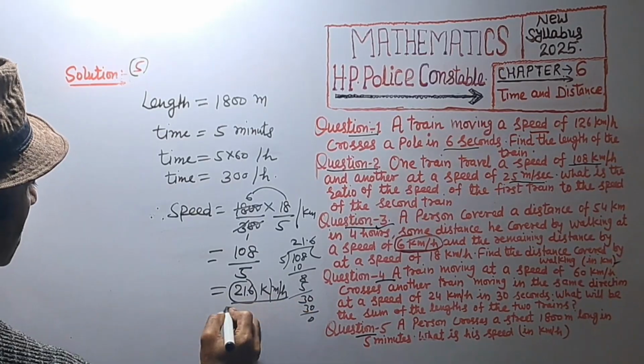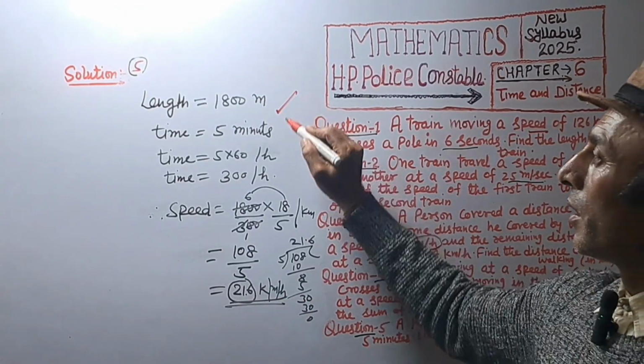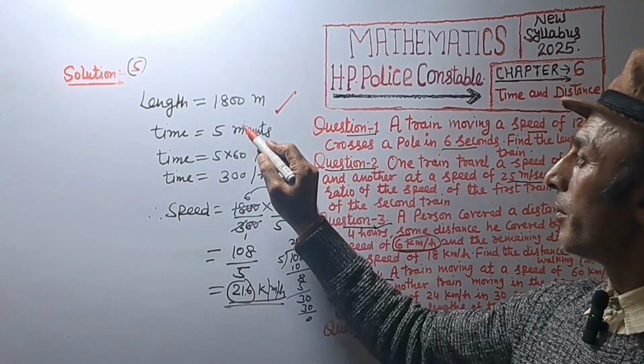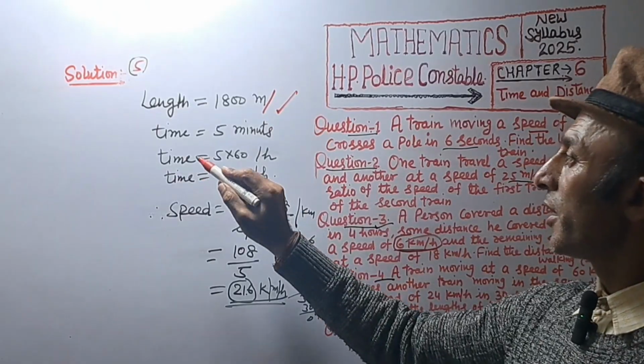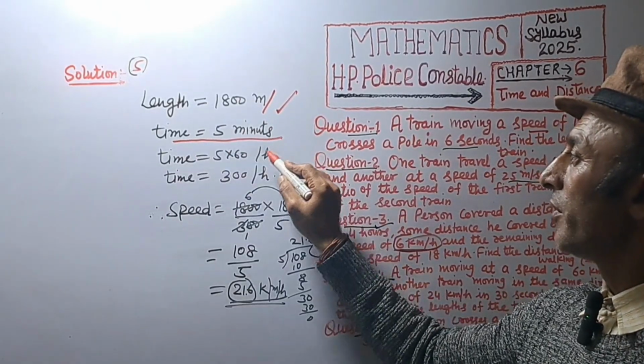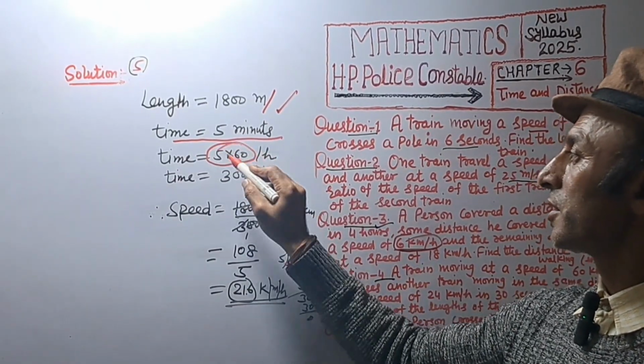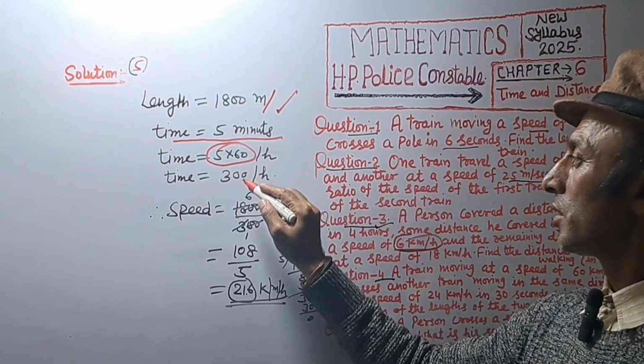per hour. Answer. Given length is 1800 meter and time is equal to 5 minutes. 5 multiplied by 60, that is equal to 300.